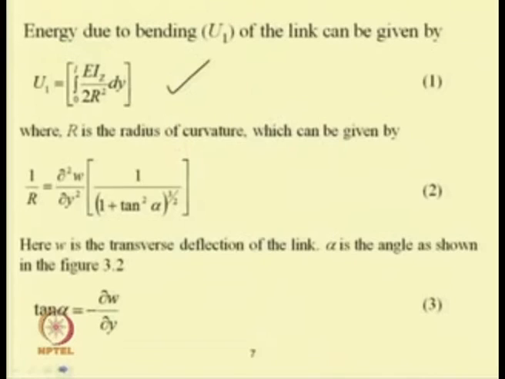We can write tan α = −∂w/∂y, and substitute this in the equation.